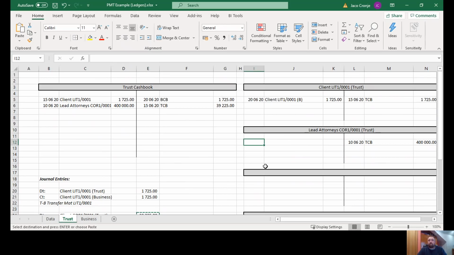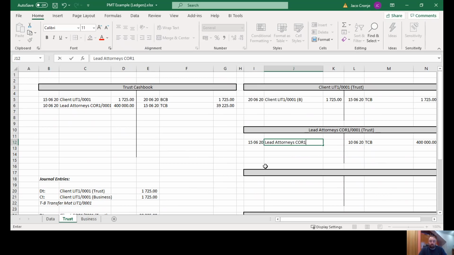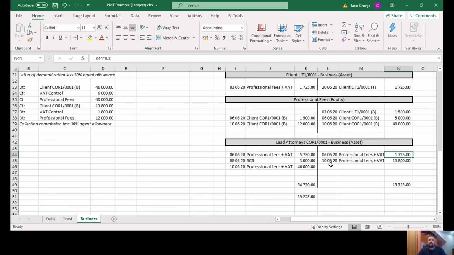Okay, so I'm going to say on the 15th of June 2020, transferred to lead attorneys COR11 business 39,225, and then I received that in my business account on the 15th of June 2020.